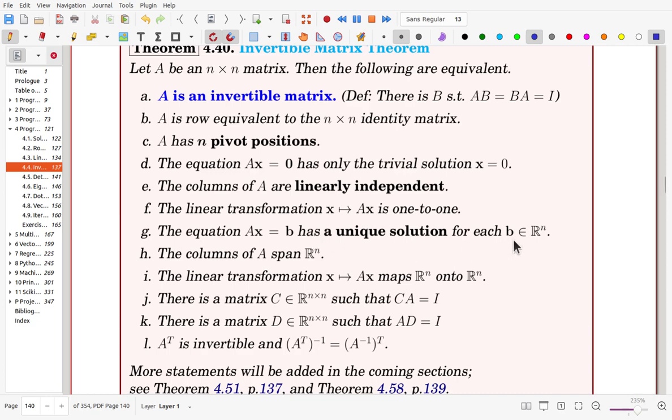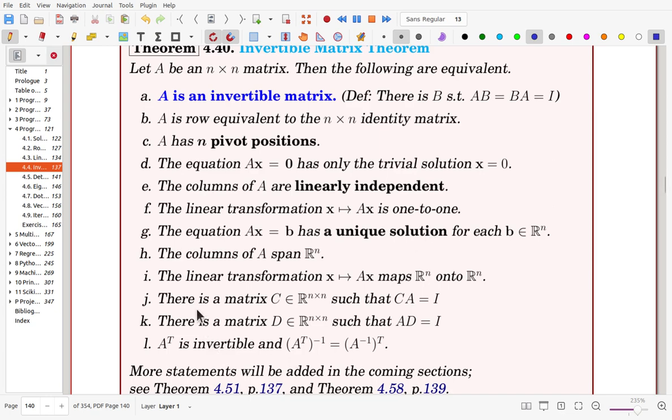For every choice of b, we can produce b as a linear combination of the columns of A. Now also, if we consider this as a linear transformation, it is onto, which means that the image under multiplication by A is the whole space, so each vector in Rn can be produced. So that one is the same as this statement.